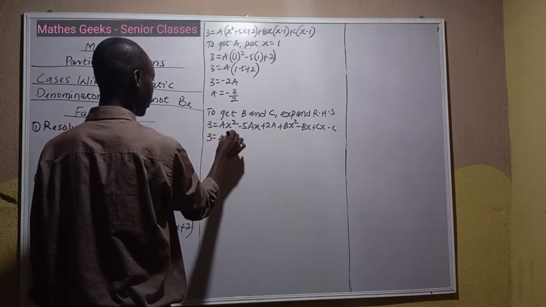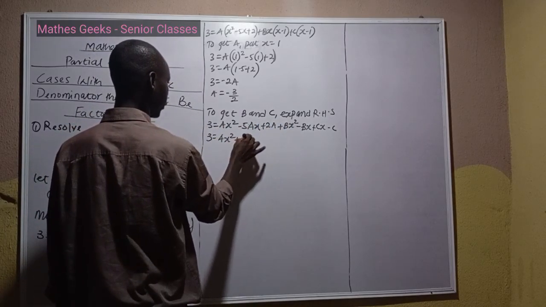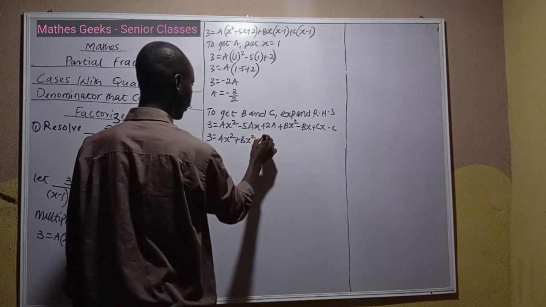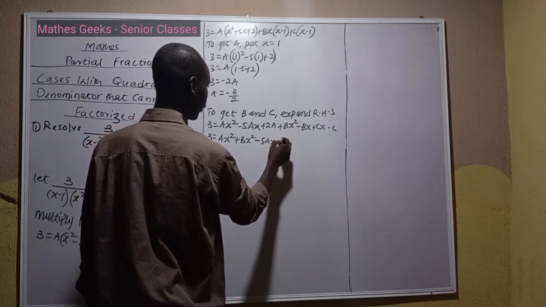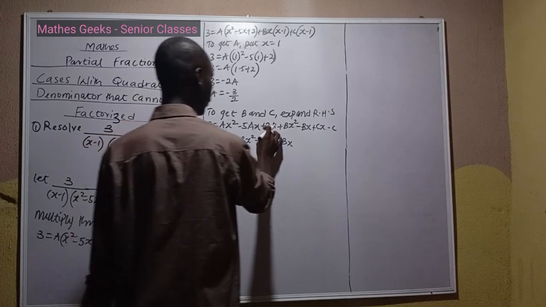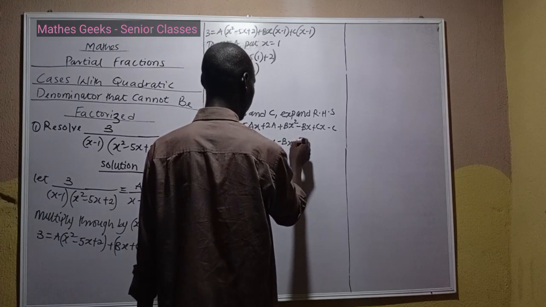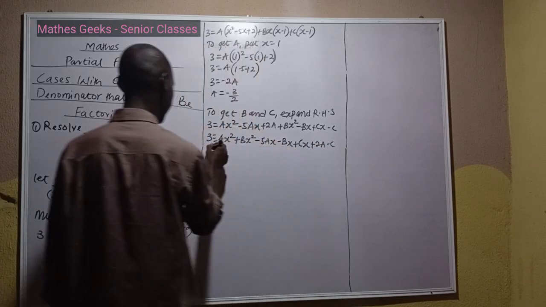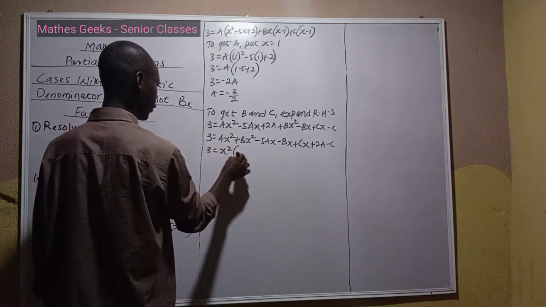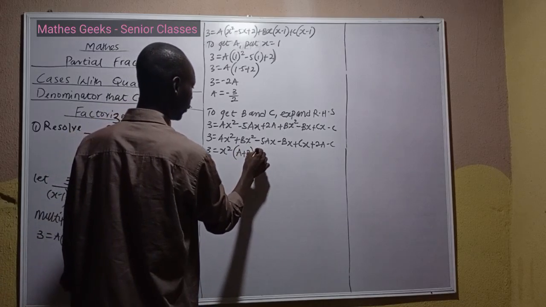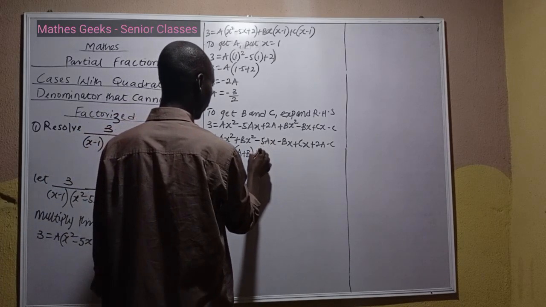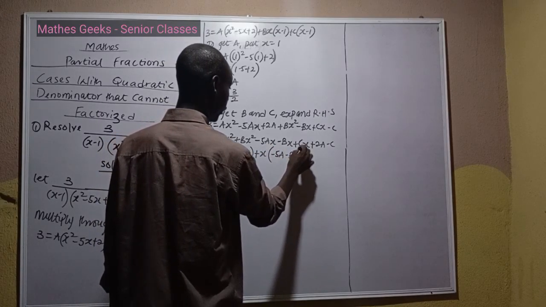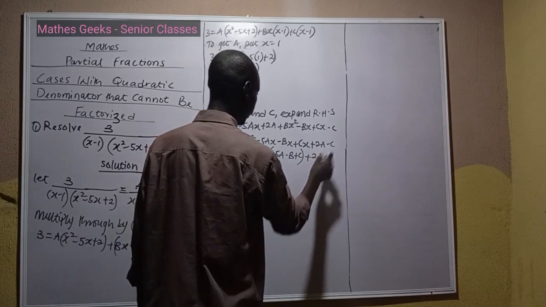So 3 is ax squared plus bx squared. Then bring the factors in x together: minus 5ax minus bx plus cx, and then plus 2a minus c. So 3 equals x squared times a plus b, plus x times minus 5a minus b plus c, and then plus 2a minus c.